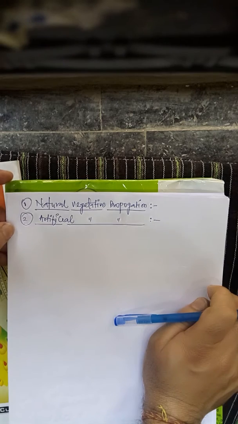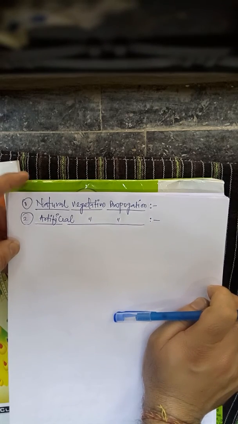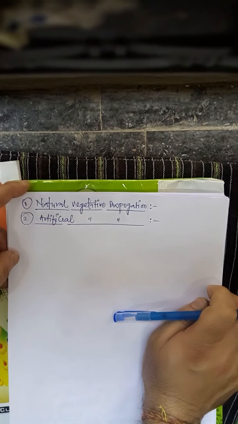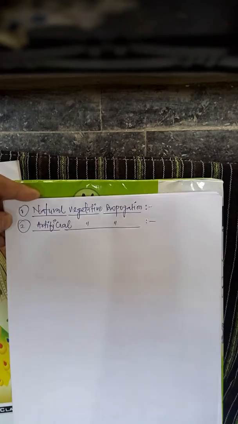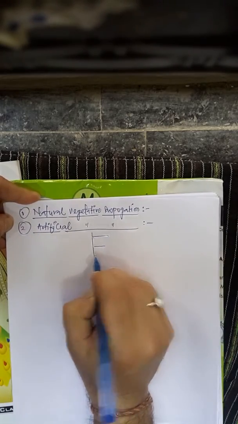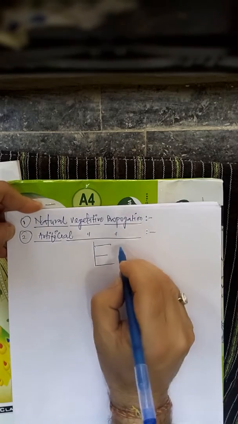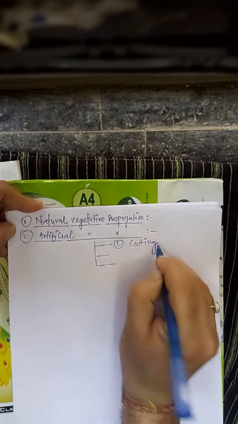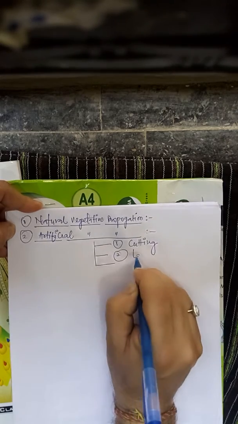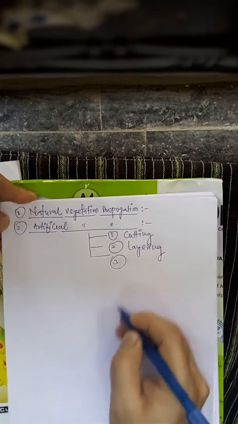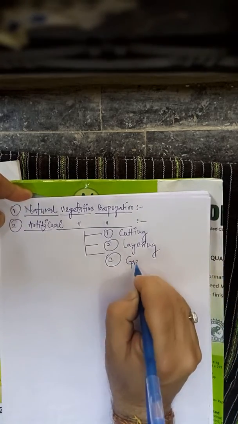The artificial method of vegetative propagation is also known as the man-made method of vegetative propagation. There are the following types of artificial vegetative propagation. First, cutting. Second, layering. Third, grafting.